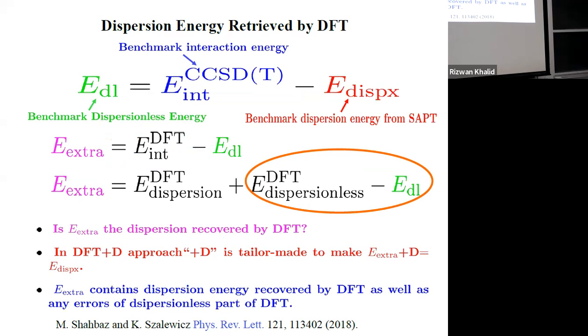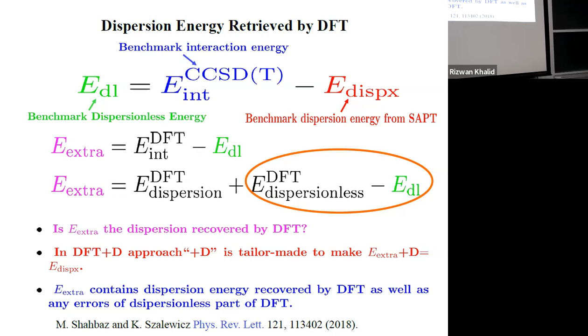So how do we compute the dispersion interactions recovered by DFT? You have already seen that there is no explicit term for dispersion interactions. We have a benchmark interaction energy from coupled cluster theory, and a benchmark dispersion energy from symmetry adapted perturbation theory, and we take the difference to get the dispersionless energy.